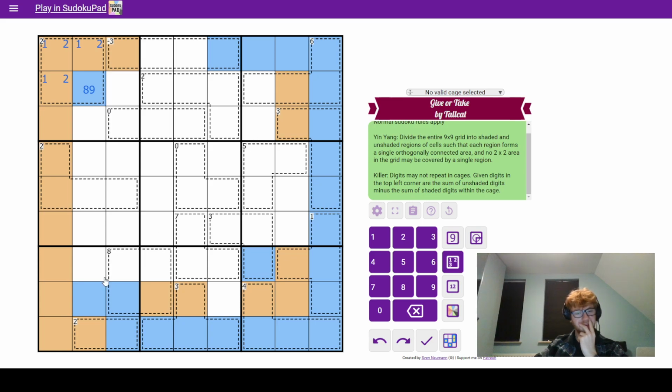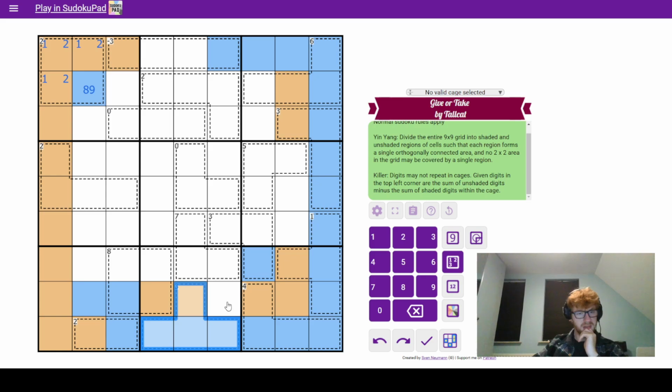Well, it's blue minus orange, so this is 2 more than this, but that doesn't say anything because this could be basically anything. This could be 7, this could be 9, this could be 1, this could be 3. Okay. Blue minus orange. 6 minus 3. Well, okay, so functionally this cage and this cage are functionally the same.